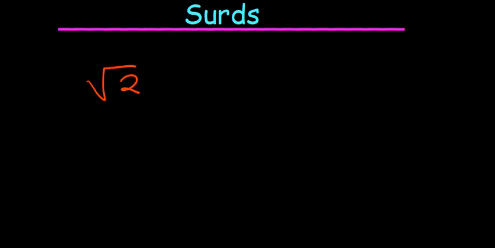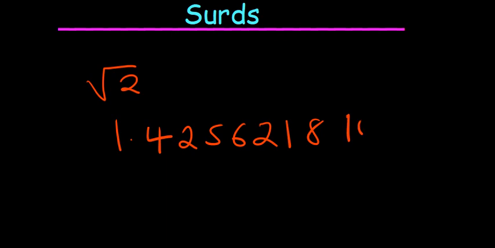So if I get the square root of 2, since I don't have a calculator, I can just illustrate: 1.4256218, maybe 10. So this number is going to keep going and it's never going to end. Those are what we're calling non-repeating.